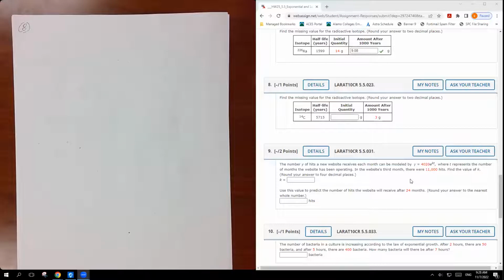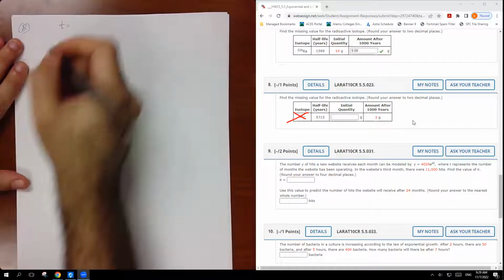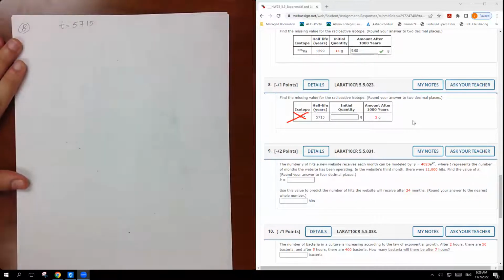So for example 8, again, we're not going to care about the first part here. It's telling you the sample of the element. And we have half-life years is 5,715. We need to find the initial quantity, and we have the amount after 1,000 years is 3 grams. So the only information we have in this example is the time, which is 5,715, and we have the half-life years.